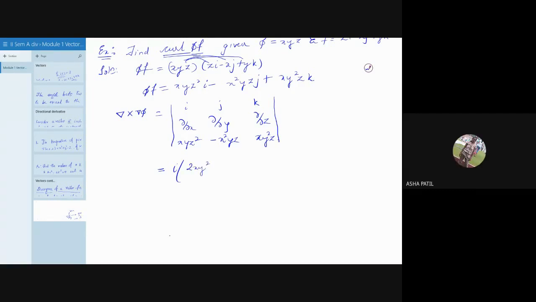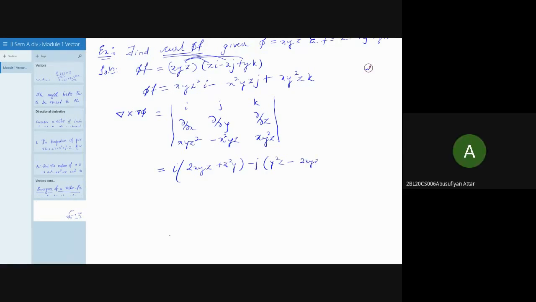Then minus J into y square z minus minus 2xyz.